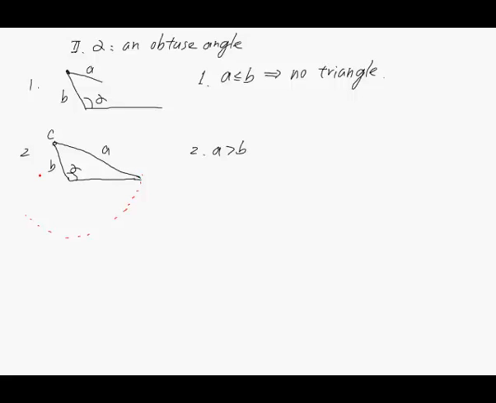Okay? And the extension of this line does not make sense, because if you use the extension here, then the angle is not alpha. Instead, the angle is 180 degrees minus alpha. That is not the angle we need, right? So you have only one triangle if A is bigger than B in this obtuse angle case.